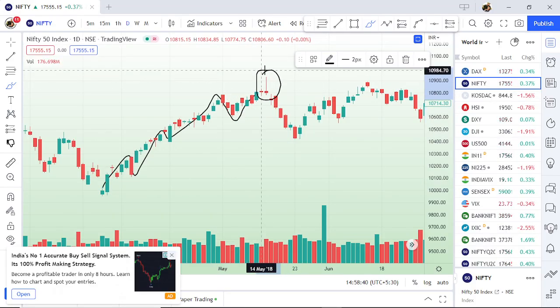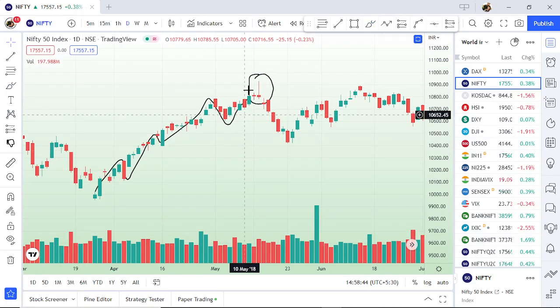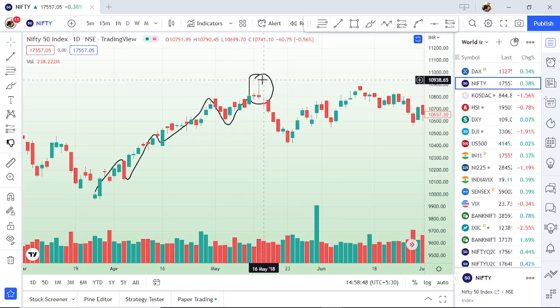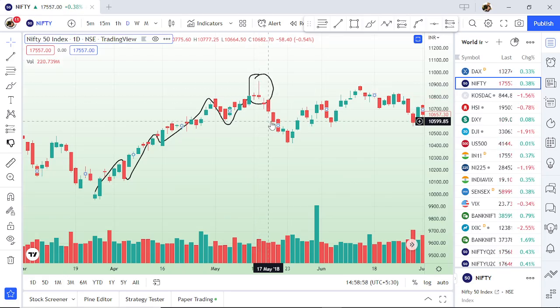What is this candle? This is called an inverted hammer, and I've explained the psychology behind this, right? Buyers are still trying to push the price higher, but after reaching this area, the sellers took control and pushed the market down. So this is a first warning that the trend is going to change in the market.